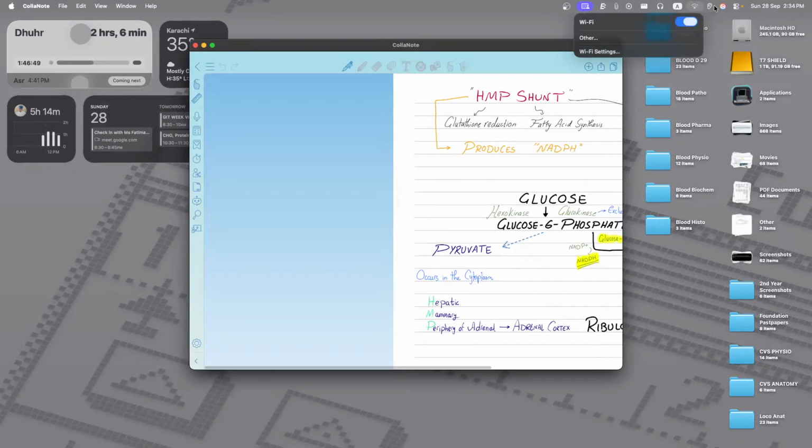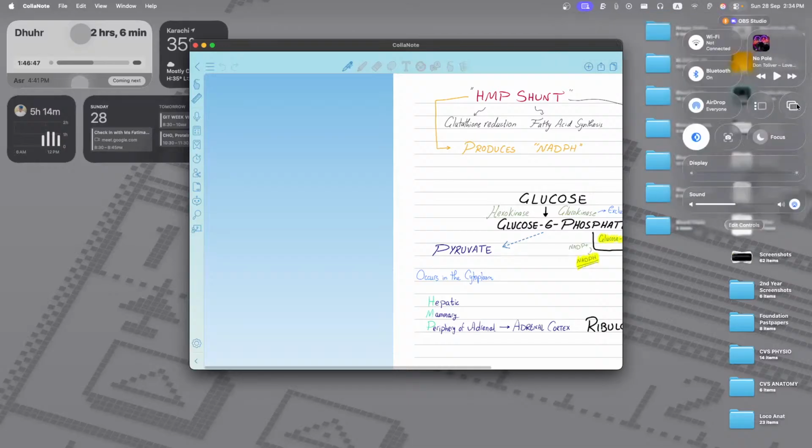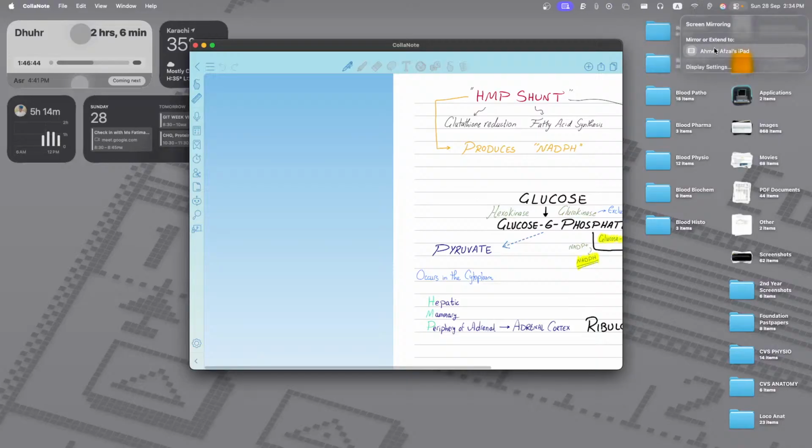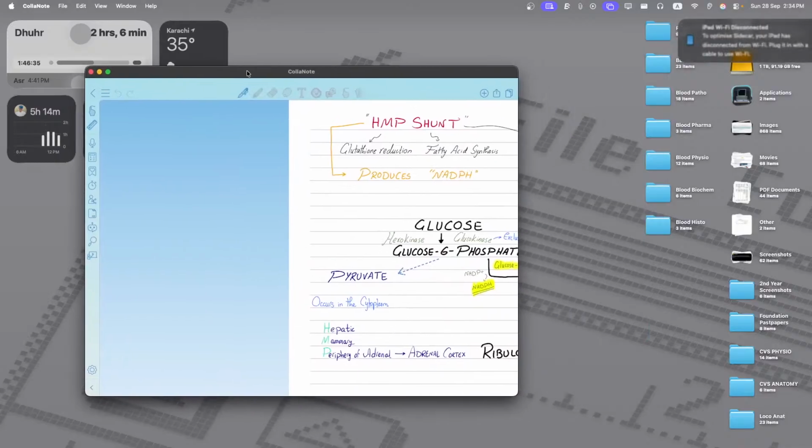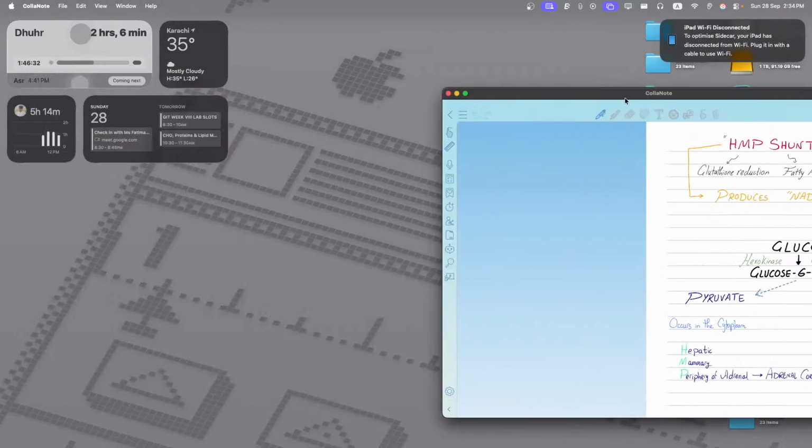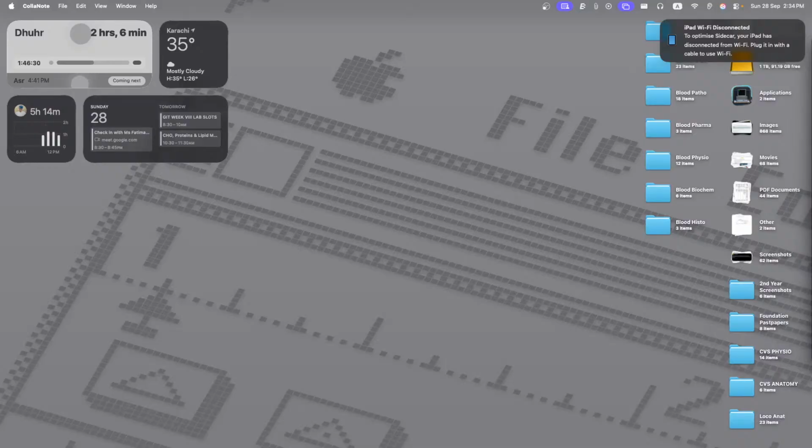Shoot. Okay, I did turn on the Wi-Fi. Surely you have to work now. Okay. Ah, now the problem is... Yeah, Liquid Glass is not good, is it? Anyhow, the pencil seems to be working.